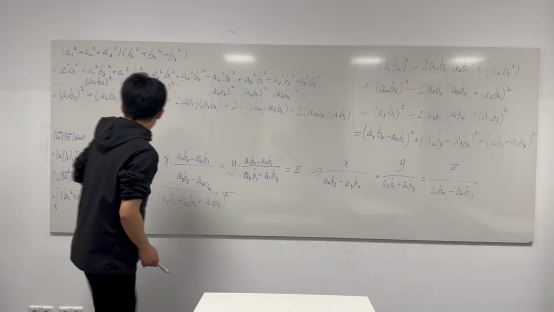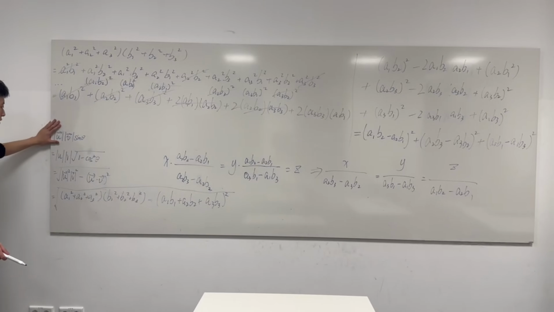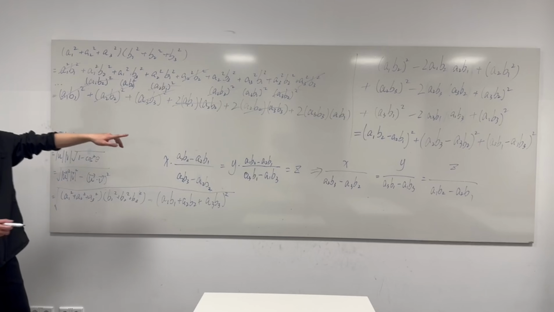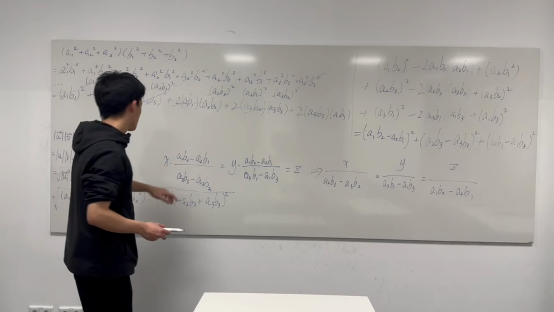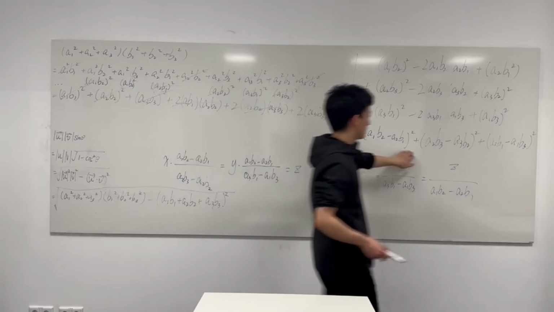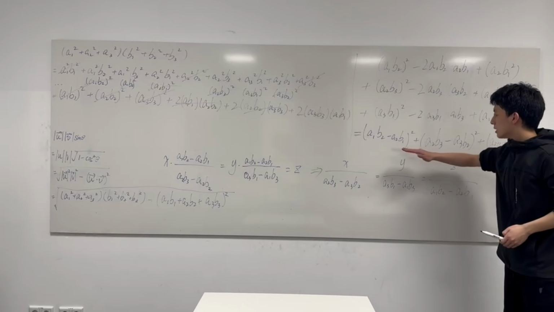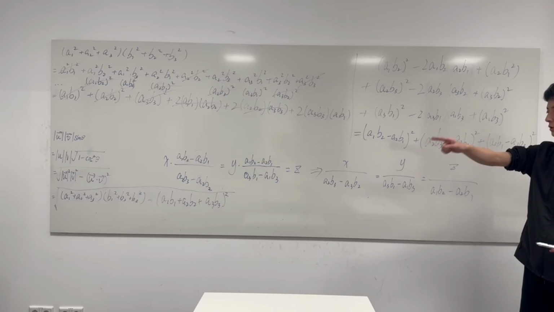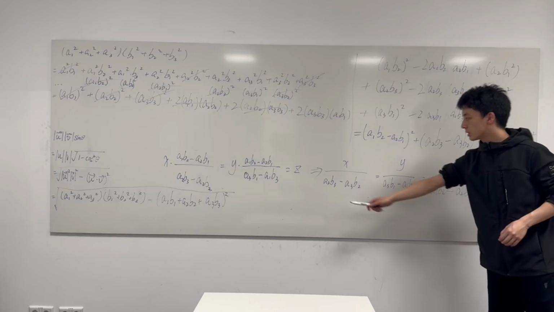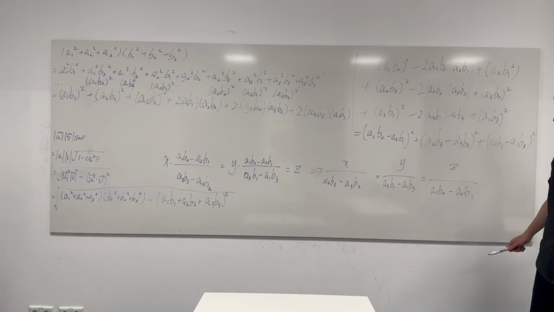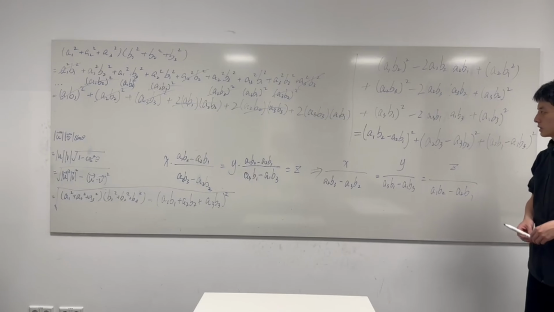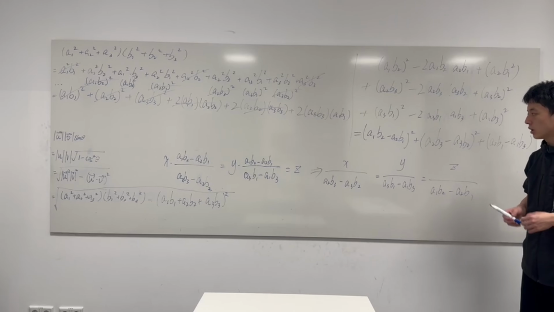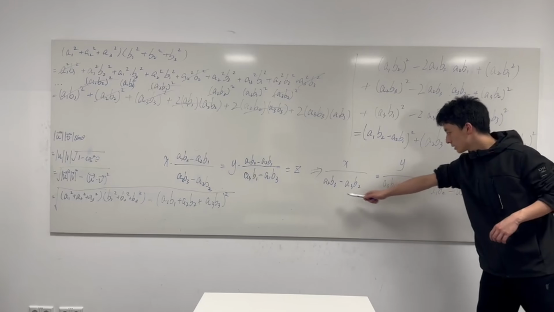According to the definition of cross product, the length of the result vector should be the square root of that thing. Let's compare the magnitude of the result vector with the direction of the result vector.